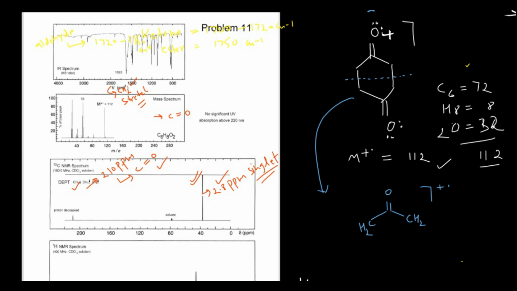So if you check the molecular weight of this one, 3 carbons are there, that means 36. 4 hydrogens are there, that means 4 units. 1 oxygen is there, that means 16, that makes 56. M by Z 56. So this M by Z 56 is here actually.